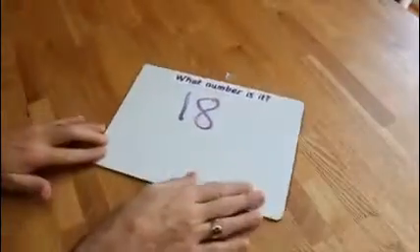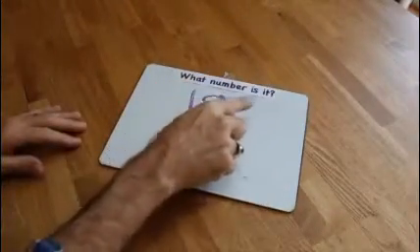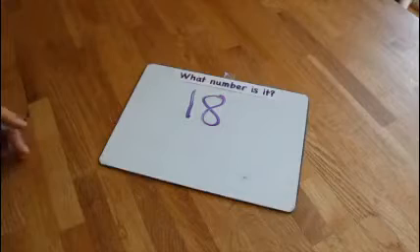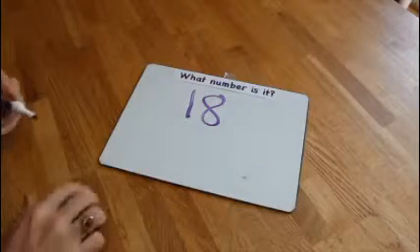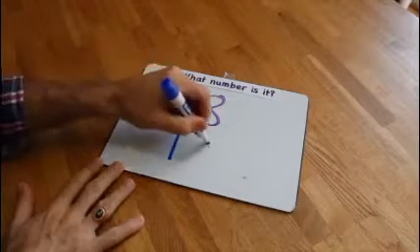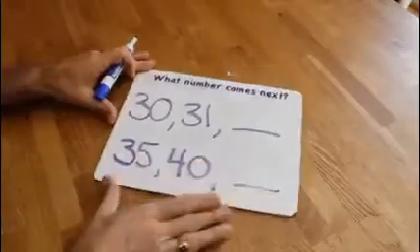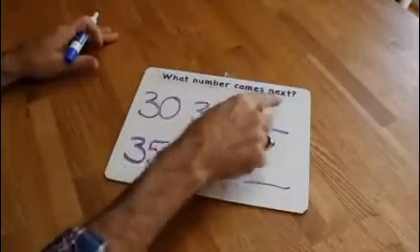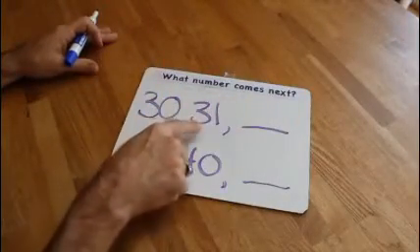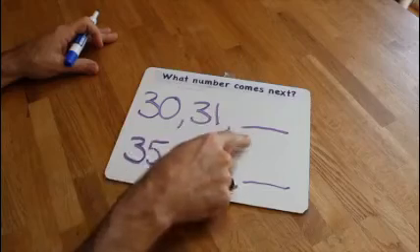Reading all together. What number is it? 18. How do we write an 18? A 1 for the 10, an 8 for the 1, 18. What number comes next? 30, 31, 32.